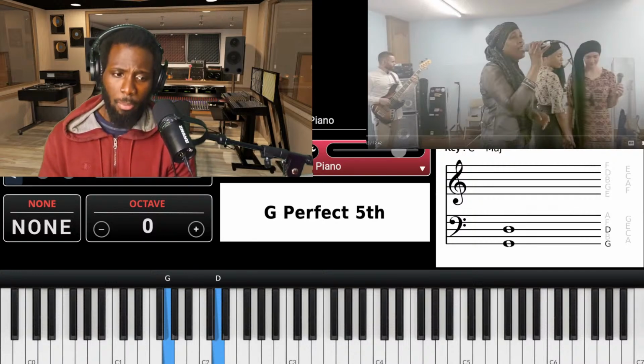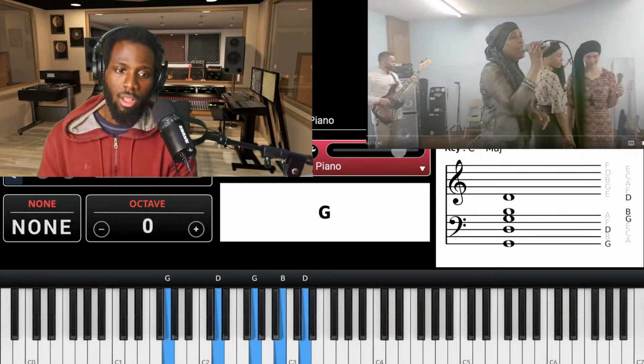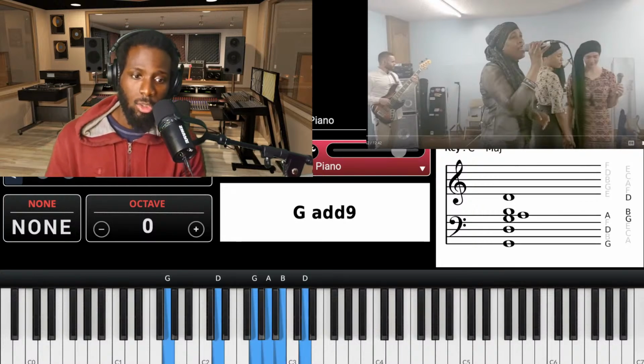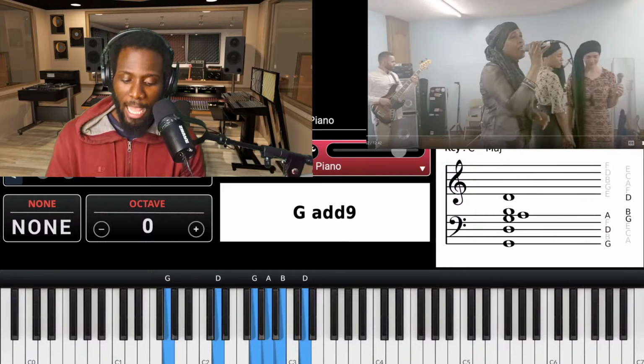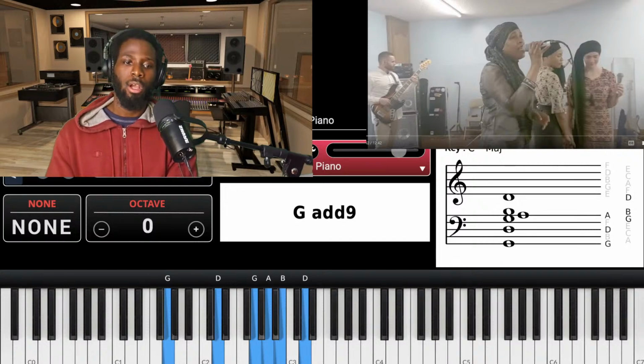With my right hand, I'll play the 1, 2, 3, and then 5. Right? And notice what it says. It says G add 9. You guys see that? G add 9. But I'm avoiding playing that dominant 7, which is that F natural. We're going to take that out. So this is the closest way we can make a pretty jazzy sounding 5th degree chord.